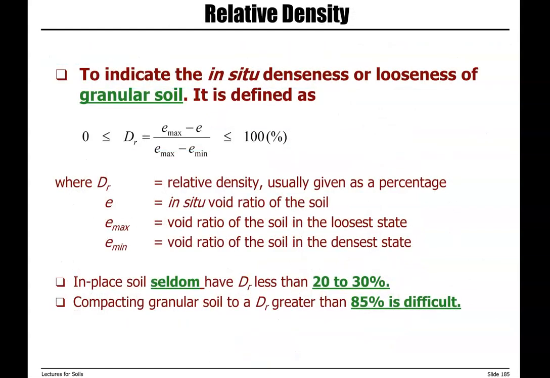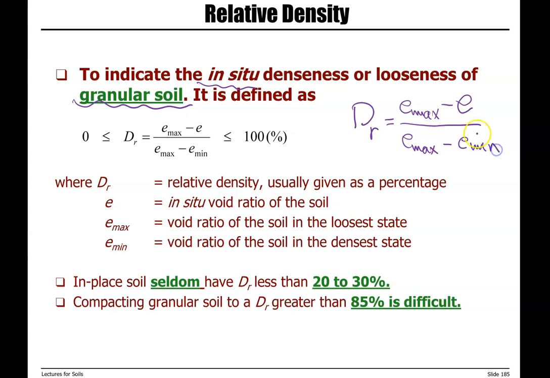Another property that is important is relative density, which is used to indicate the in situ denseness or looseness of granular soil. It is defined, so relative density, Dr, is maximum void ratio minus in situ void ratio divided by maximum void ratio minus minimum void ratio.